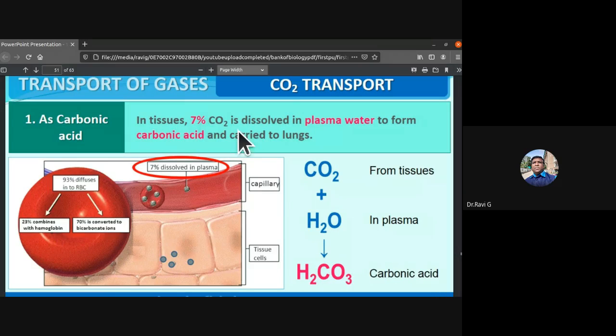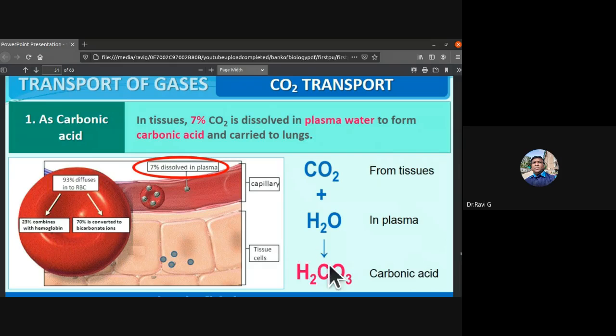In tissues, 7% of carbon dioxide is dissolved in plasma water to form carbonic acid, and it is carried to the lungs. So carbon dioxide combines with water of plasma to form carbonic acid, H2CO3, and they are carried to the lungs as carbonic acid.